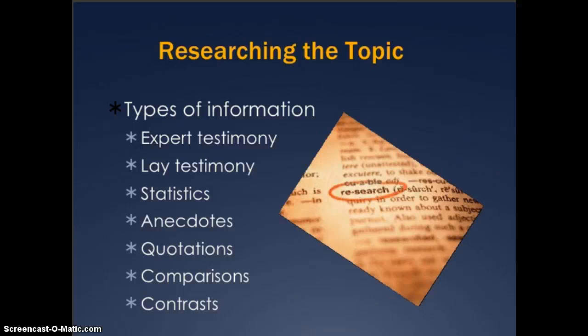Statistics, that's just basic research. Anecdotes or stories. Quotations, that goes back to testimony that you may have found in a different body of work. Comparisons, do a compare and contrast to other examples of informational data.